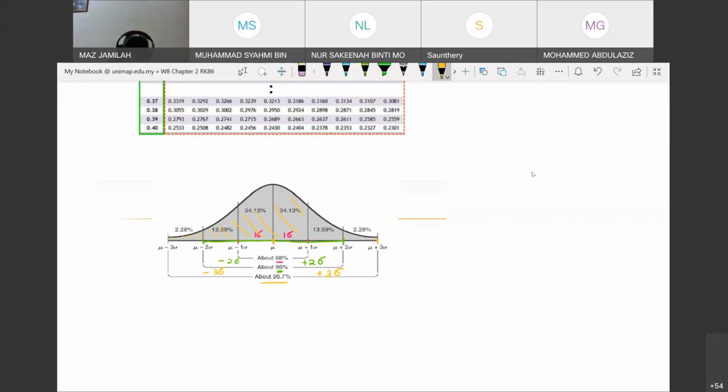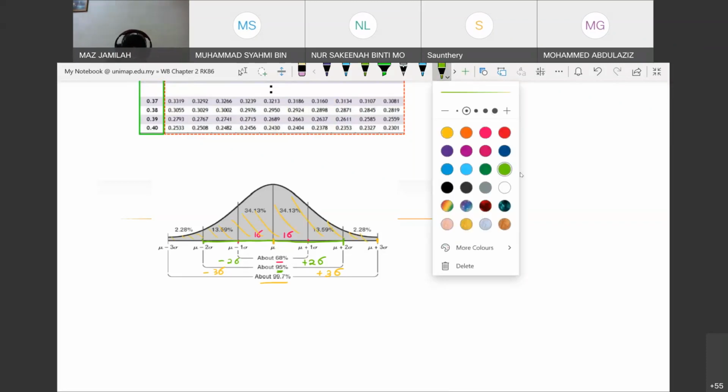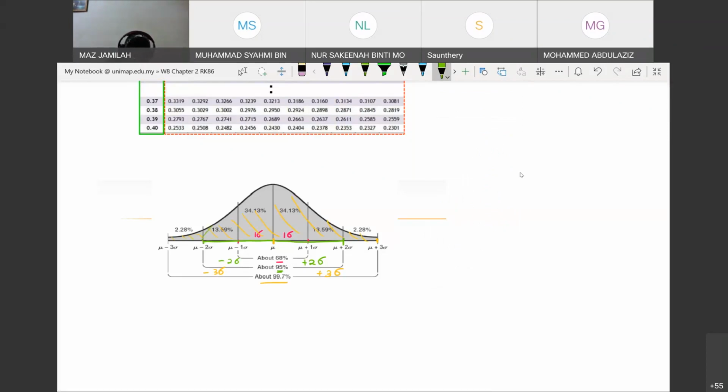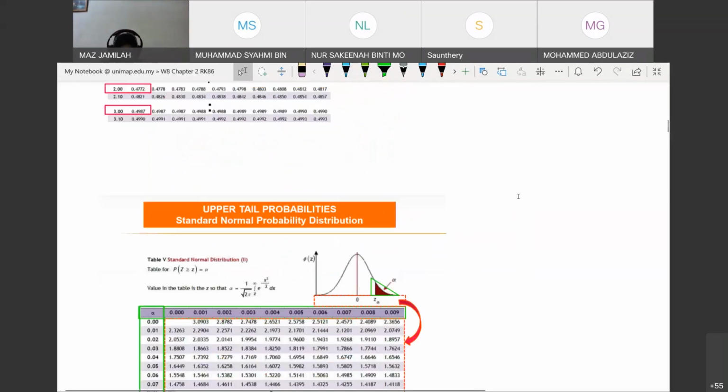For the green one, 2 standard deviations, it will be this area only, and for 1 standard deviation it would be from here until 1.